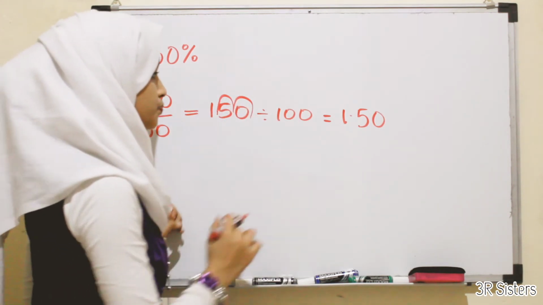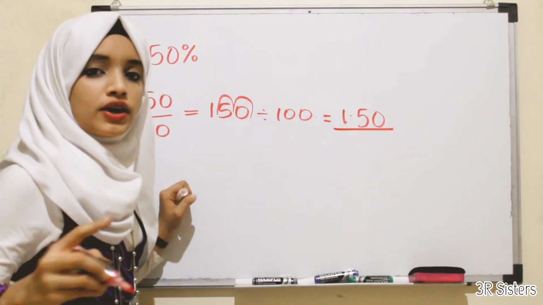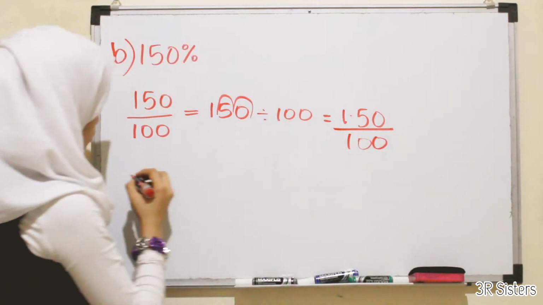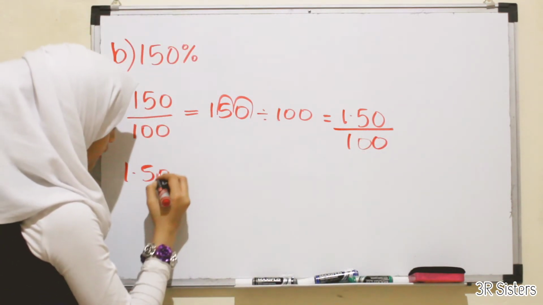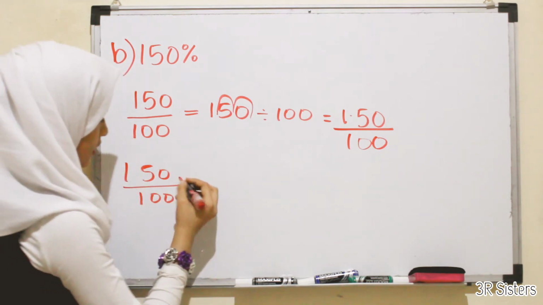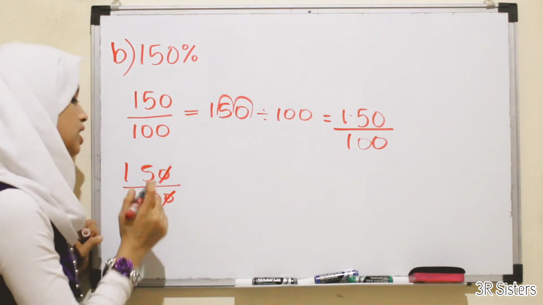Now it will become 1.50, and when we remove the point from this 1.50, it becomes 150 by 100 again, and we can cut both zeros.